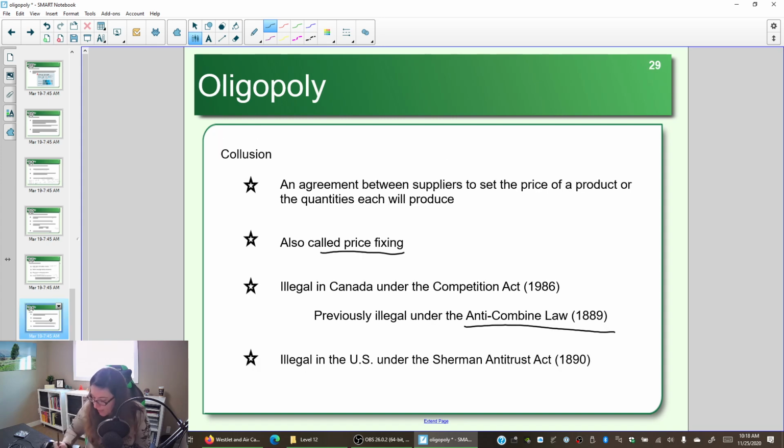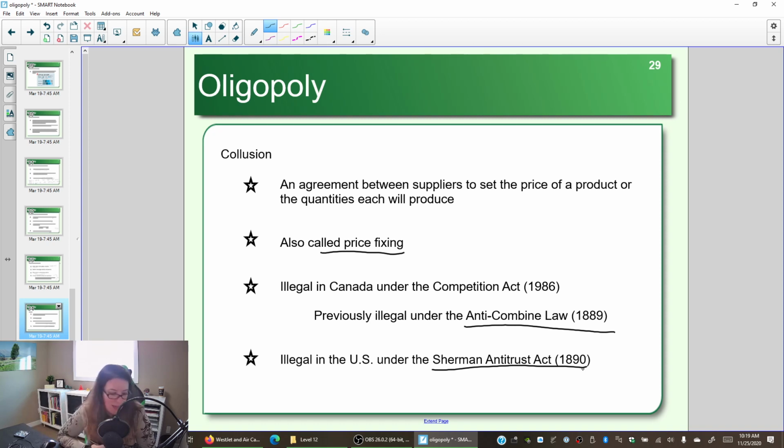In the US, they had the Sherman Anti Trust Act that came out about the same time. Now, the Sherman Anti Trust Act allowed the US government to actually divide up companies. So if there was too much consolidation, too much price fixing and collusion at the expense of the customers, they had the ability under the Sherman Anti Trust Act to chop these companies into pieces.